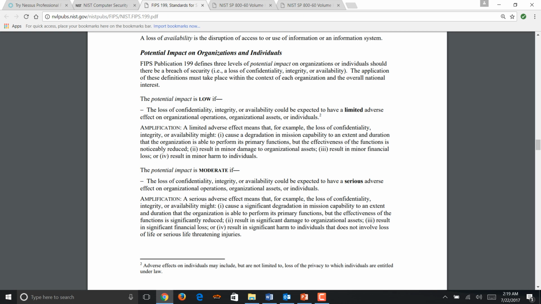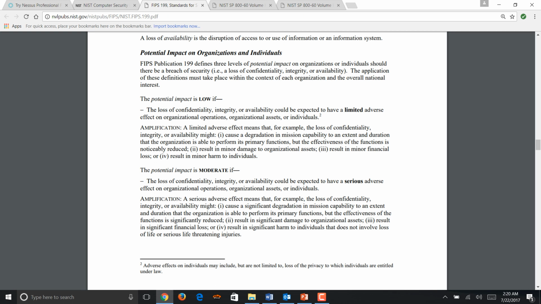A serious adverse effect means that, for example, the loss of confidentiality, integrity, or availability might: 1. Cause a significant degradation in mission capability to an extent and duration that the organization is able to perform its primary functions, but the effectiveness of the functions is significantly reduced. 2.